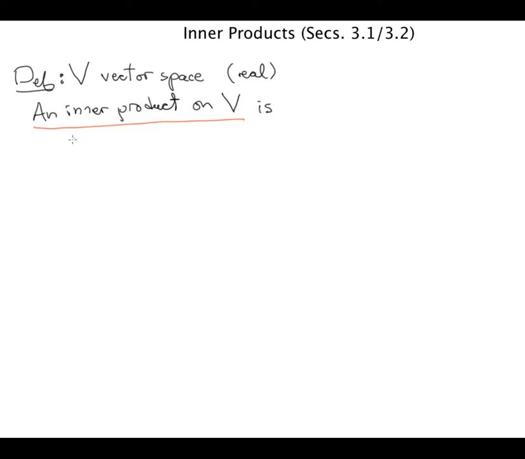For every vector V and W, it's a number. This is a real number. So in other words, the inner product is written with parentheses, and this takes a vector V and a vector W to the inner product, which is a real number.